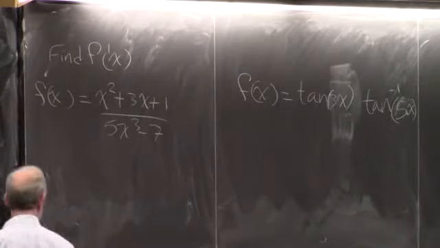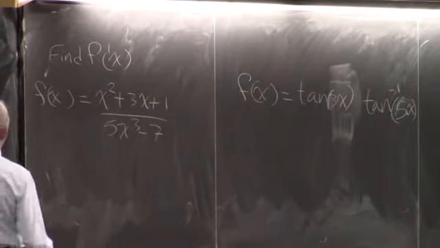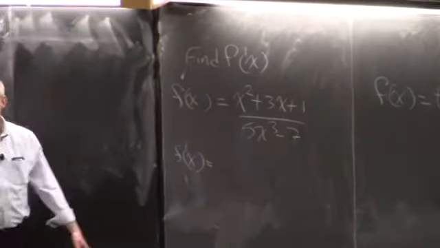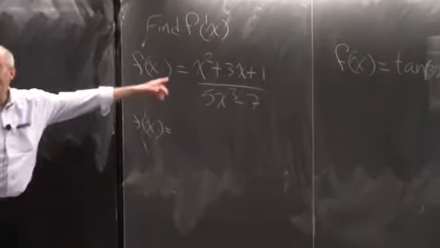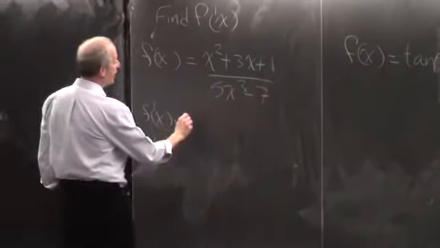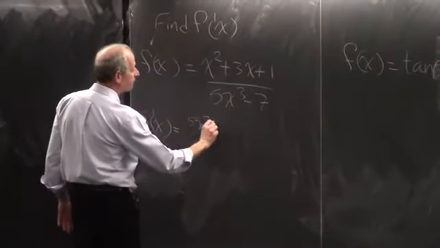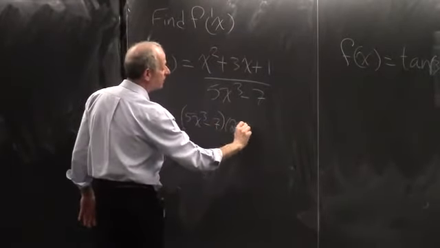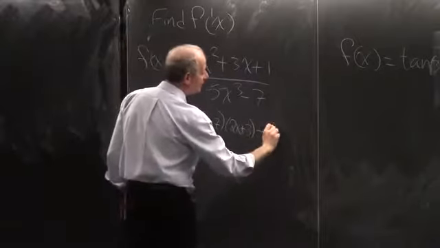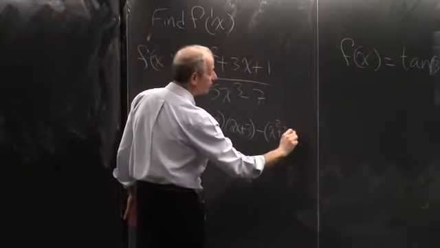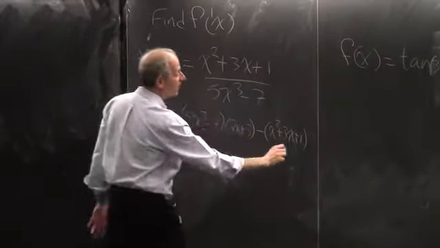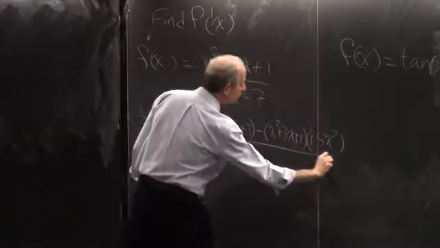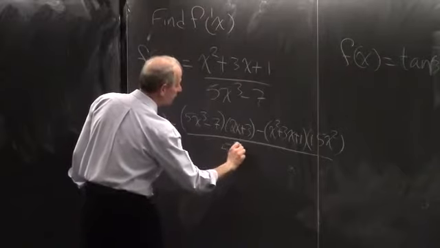That's long enough. Let's practice our derivatives. F prime of x. You do low d high minus high d low. You guys should be bored with this by now. Low times the derivative of the high, which is 2x plus 3, minus high, times the derivative of the bottom, which is 15x squared, over bottom squared.